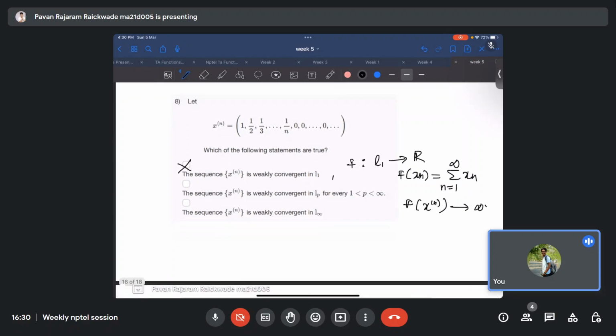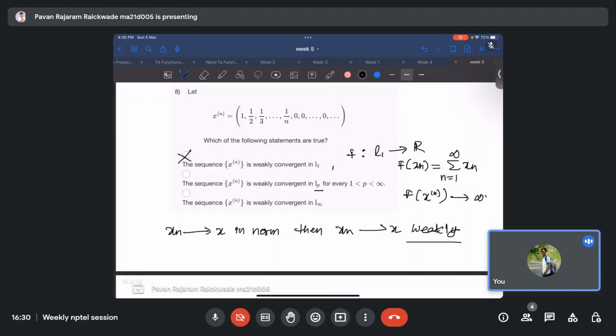Then the sequence xn is weakly convergent in Lp. Here, see, in normed spaces, if a sequence converges in norm, then xn converges to x weakly. That we know.